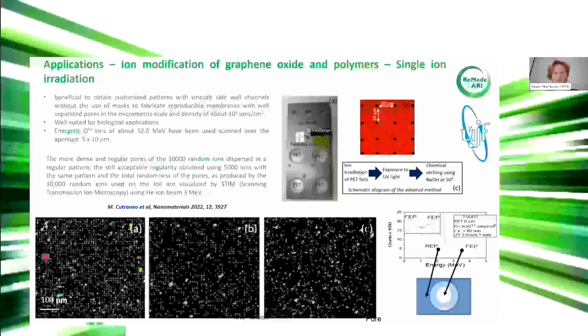So we received a regular pattern of, let's say, 3 ion hits in each point.